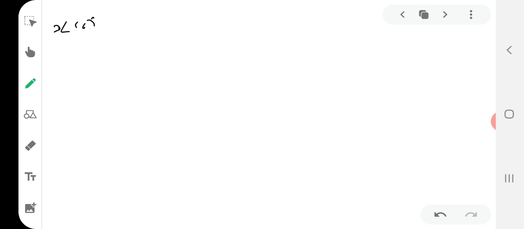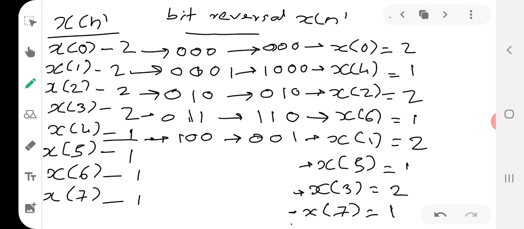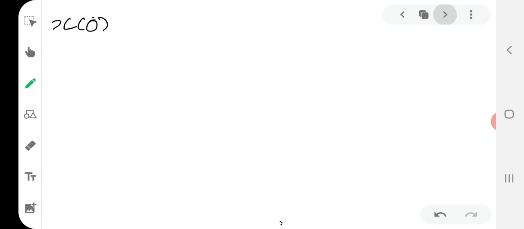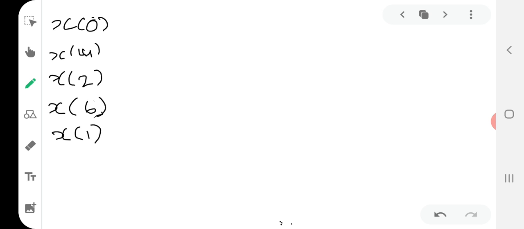Then we have to write in the bit reversal order: x of 0, x of 4, then x of 2, x of 6, then x of 1, x of 5, and next x of 3, and x of 7.